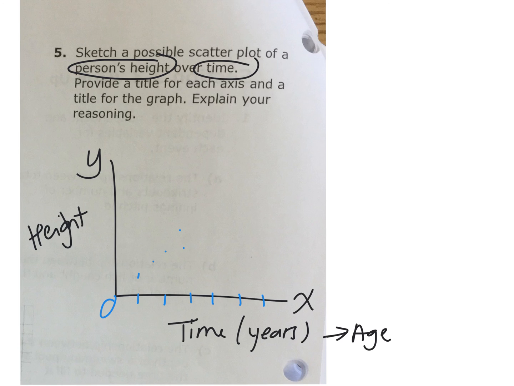Maybe one year you get taller really quickly because you're going through puberty. And then maybe you get back to not getting tall very quickly, and then eventually you stay the same height. Okay? So as you get older, so as time passes, your height increases. So people grow taller from birth until they reach the adult height. Okay?